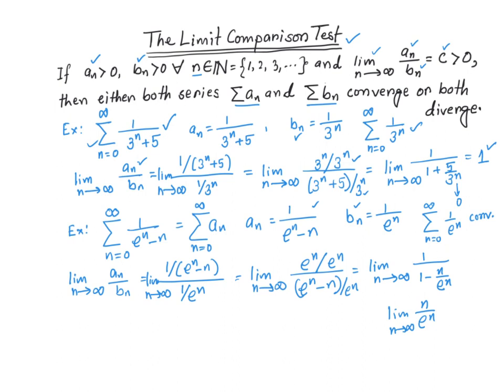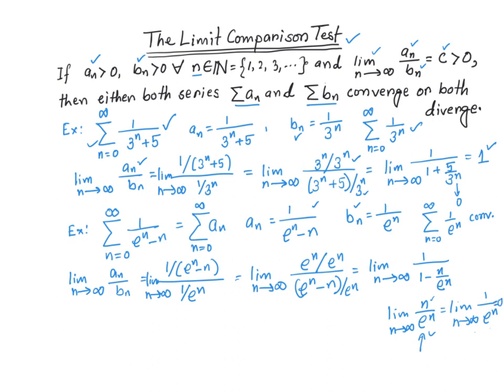Both go to infinity, but as we know from experience, e to the power n goes towards infinity faster than n does. So in the long run, the denominator e to the power n is going to dominate and bring the entire term down to 0. But we could also use L'Hopital's rule. That gives you 1 over e to the power n. As n approaches infinity, this is equal to 0.